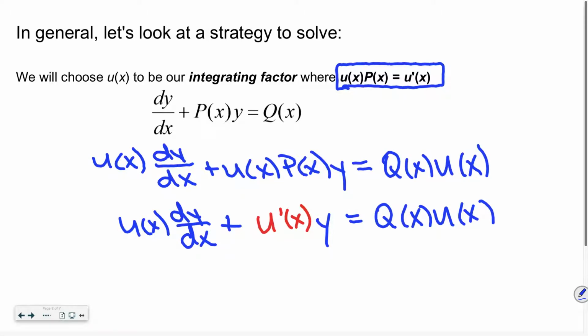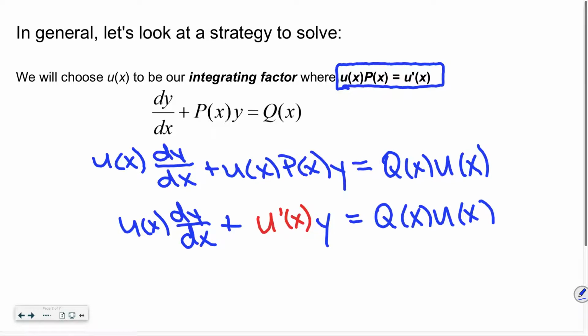Okay, this is why we're going to strategically do this. Look at the left side. Look at it closely. Analyze it. u times dy dx plus u prime times y. Observations? u times y prime plus u prime times y.